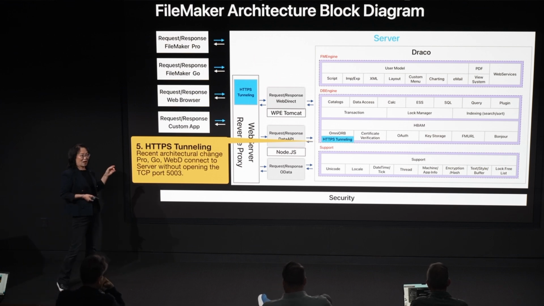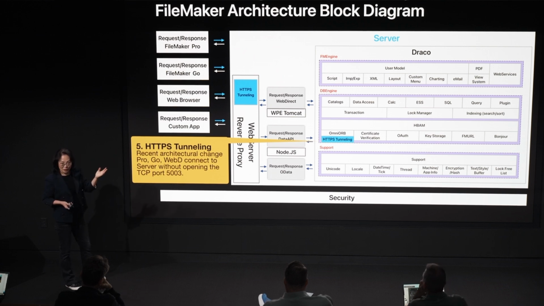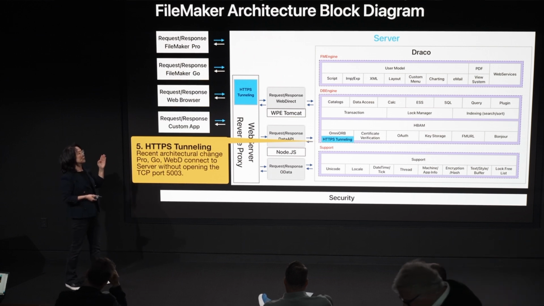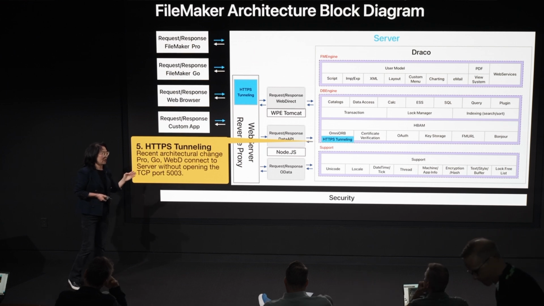The recent architectural change is HTTPS WebSocket tunneling, where FileMaker Pro, Go, and WebDirect can connect directly into the server safely and securely without going through TCP port 5003.